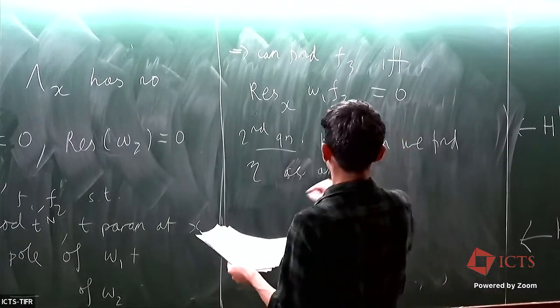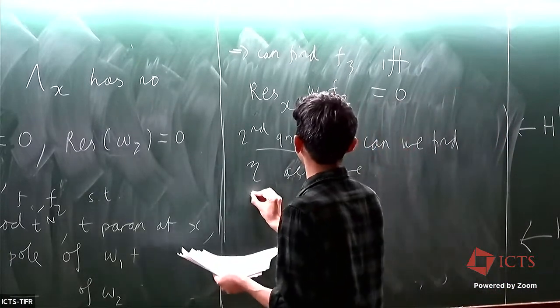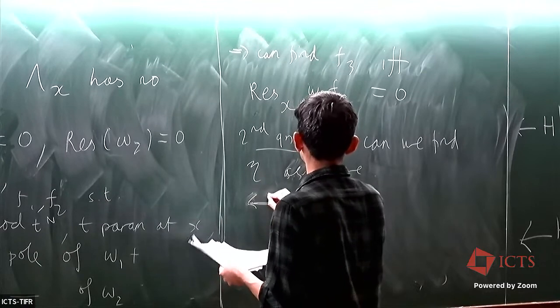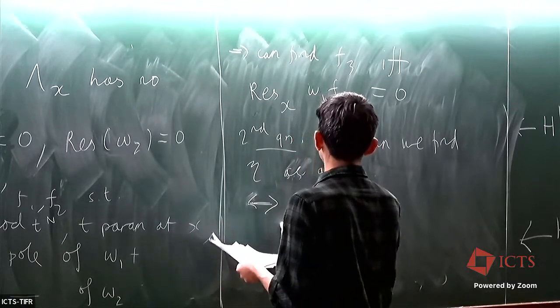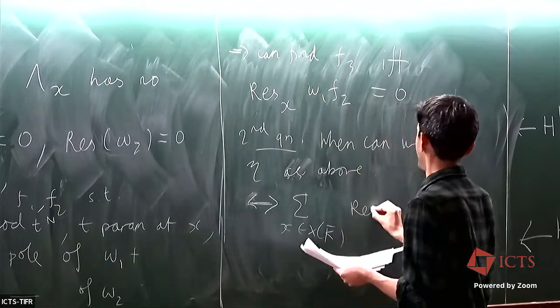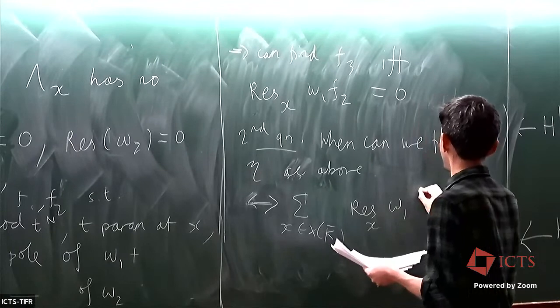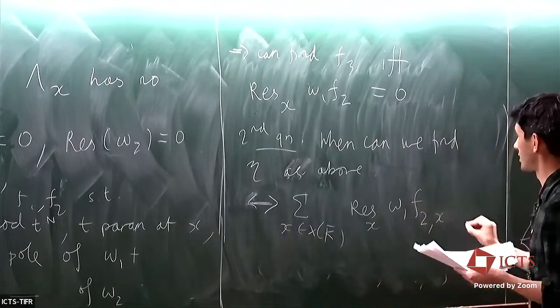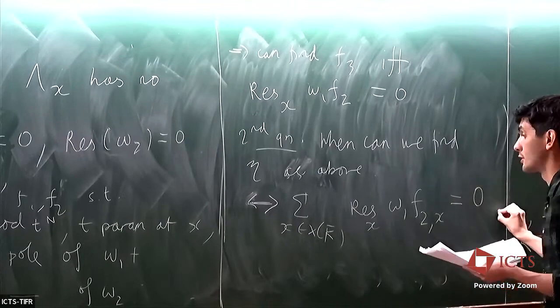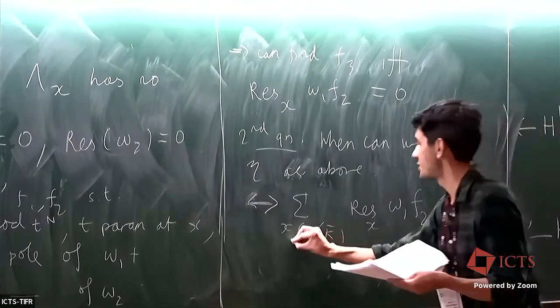And so it turns out that this is possible if and only if the sum over all x in X of the residue at x of, strictly speaking, I should call this f2 of x because it depended on x, is equal to 0. But this quantity actually has a meaning.